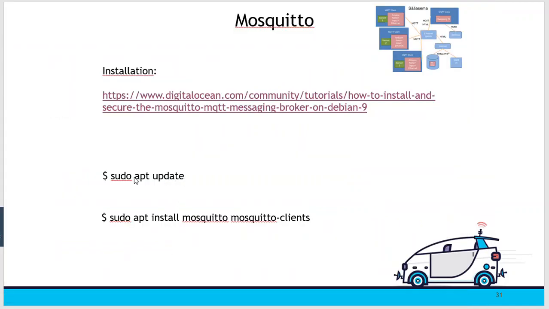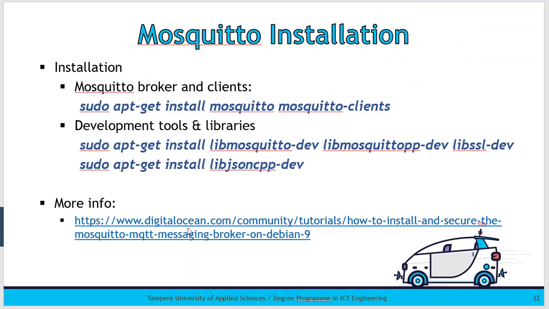So first remember to update your machine and then start the installation process by installing the Mosquitto clients and Mosquitto. We also need Mosquitto libraries, because we are creating code that uses MQTT, and that code is using the libmosquitto CPP libraries.